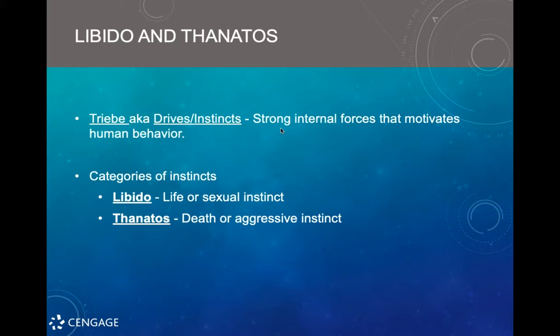It's something that creates life. And then thanatos are things that are moving towards destruction, right? So when you do self-harming behaviors, when you attempt suicide and things like that. So those are examples at the individual level.